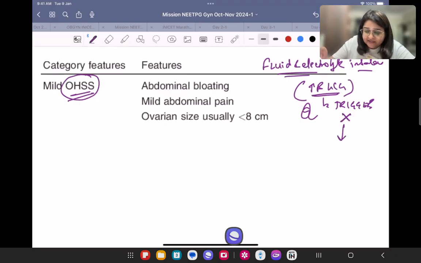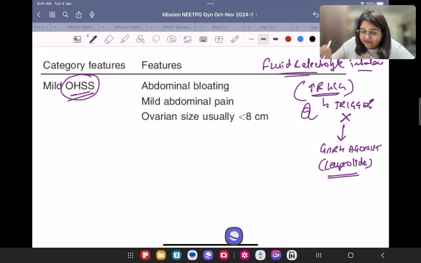What should we use instead then? We can use a GnRH agonist. Okay, and a common substitute is a drug called leuprolide, which is a GnRH agonist. It is used in place of HCG as the trigger. Okay, so that's an important question that comes.